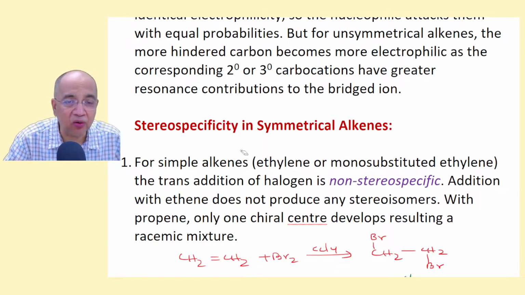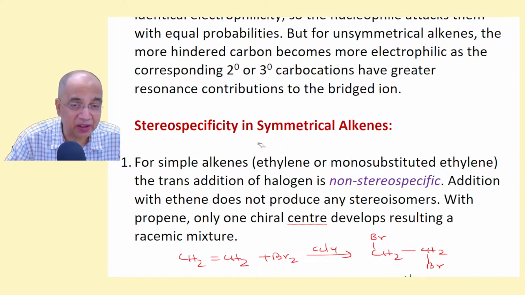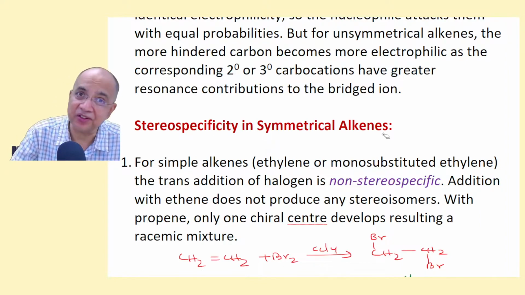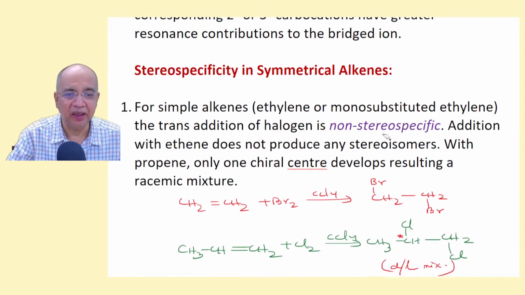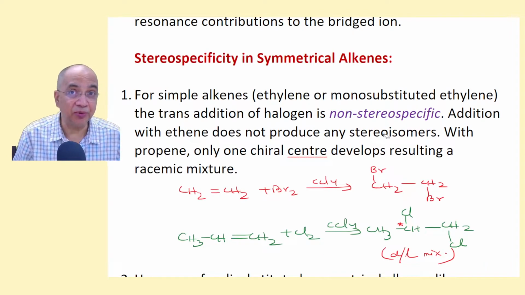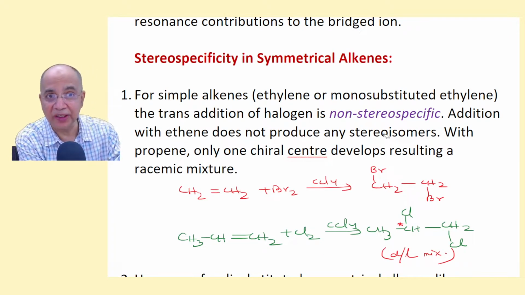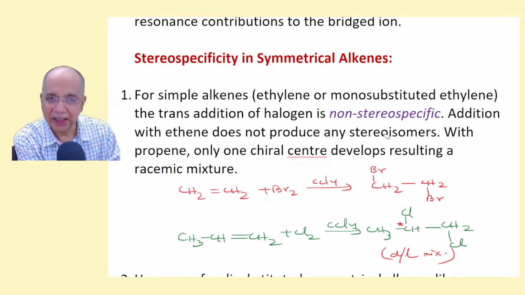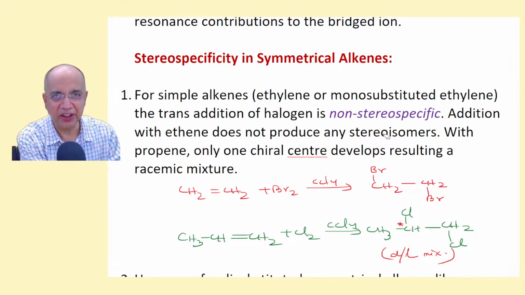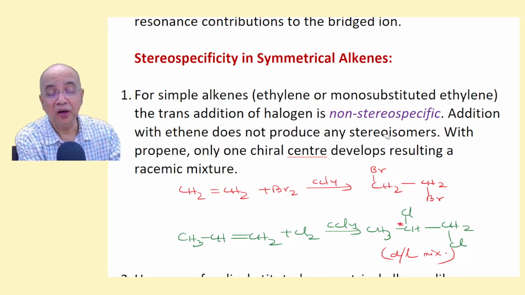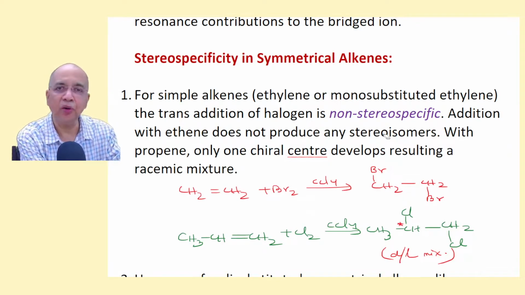Stereospecificity now we shall discuss in symmetrical alkenes first, then unsymmetrical. I tell you that if you are a class 11 student and you have no prior knowledge of stereoisomerism, then obviously it will be really challenging and you will miss out many things.